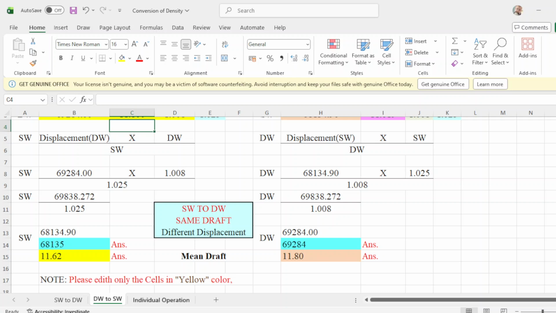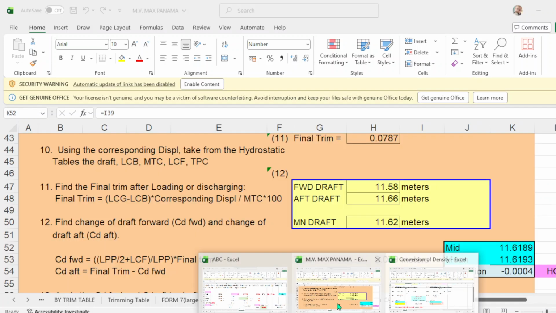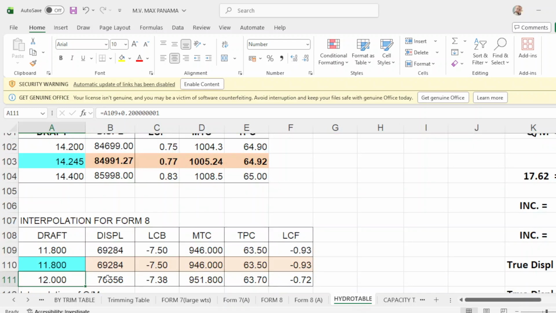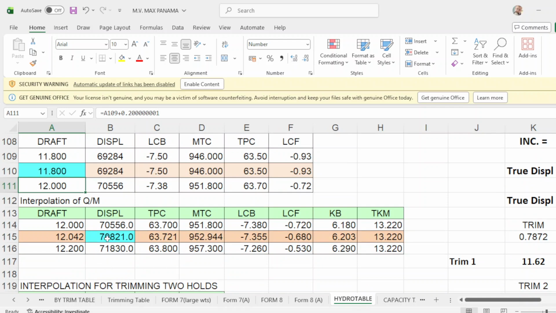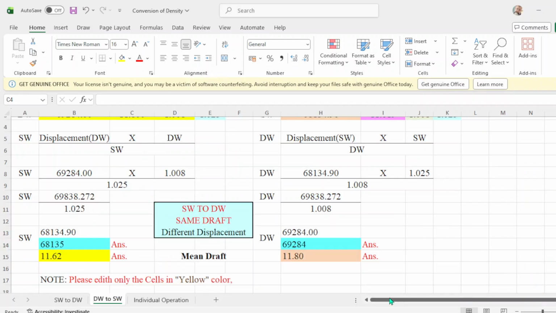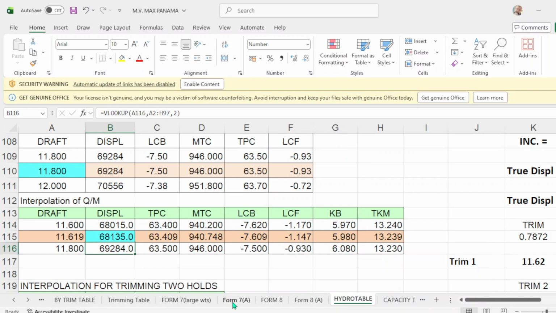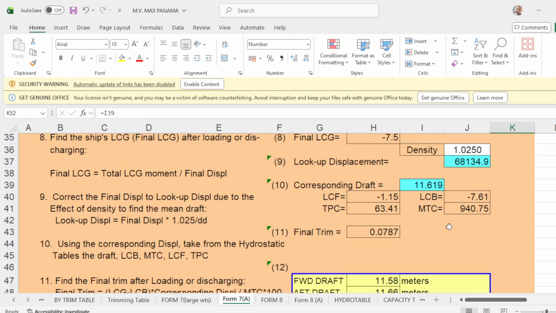What is 68135? That will be a drop of 11.619, or 11.62, and the program says 11.619.